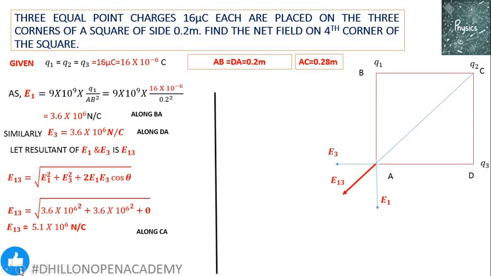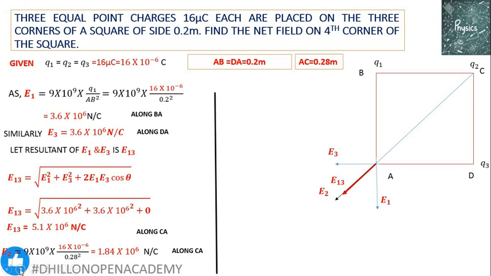Now we are left with indicating the field of only Q2 at A. Using Pythagoras theorem, you can easily find out the diagonal value CA, which will be 0.28 meter. So the value of electric field E2 due to Q2 at point A, using the equation of electric field due to a single point charge, comes out to be 1.84 into 10 raised to power 6 Newton per Coulomb, which is also acting along the diagonal.